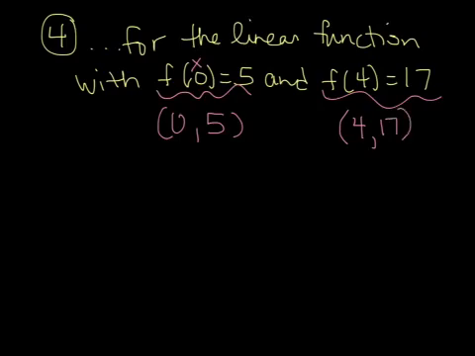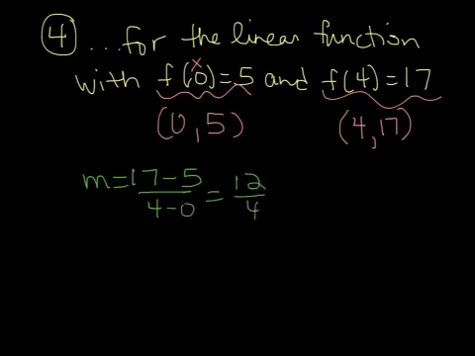Then you just use those and do the exact same steps that you did previously. You start by finding the slope. The slope is going to be (17 - 5) over (4 - 0). That gives you 12 over 4. Make sure that when you do this, you actually do divide it out. We know that 12 divided by 4 is going to be 3.